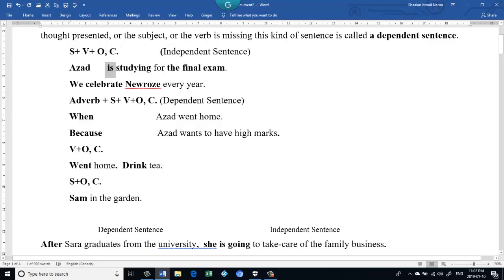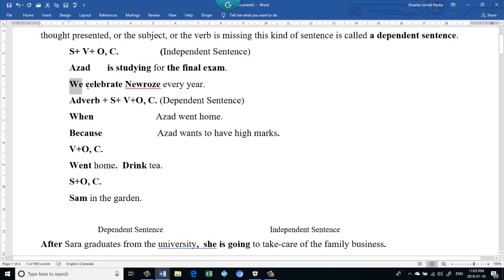Then we have studying, which is an ing form because we have is here. Subject, then is, then studying for the final exam is a complement for the subject.